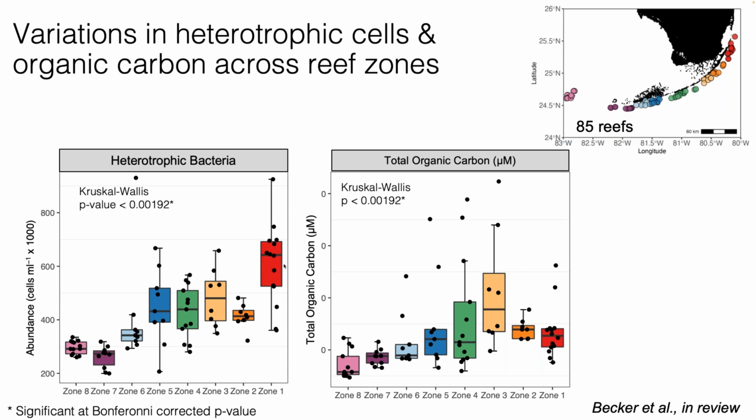Heterotrophic bacteria does decrease, if you're going from Key Largo to Dry Tortugas. So that significantly differs with reef zone, and that's related to total organic carbon concentration too, which tends to be lower in the Dry Tortugas, higher in the middle upper keys, as well as Key Largo, Biscayne Bay. So we did see some relationships between these environmental parameters as well that related to the reef zones.